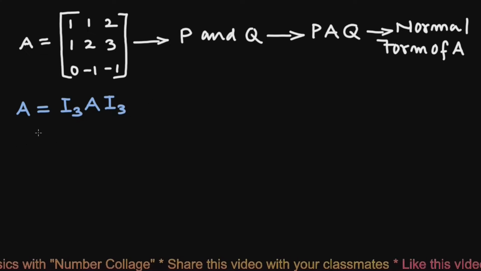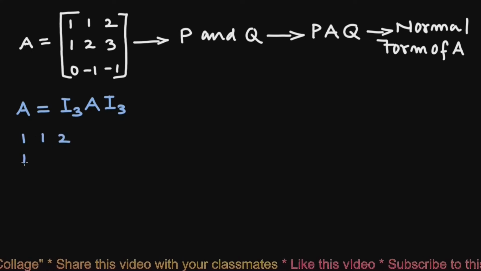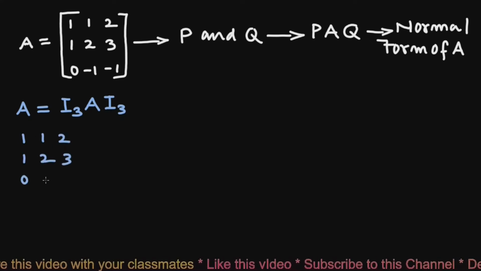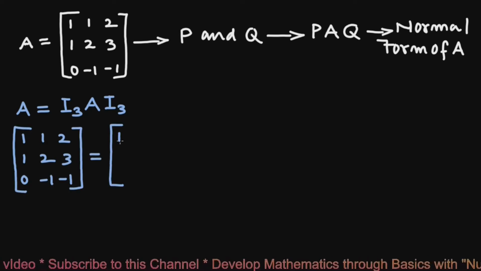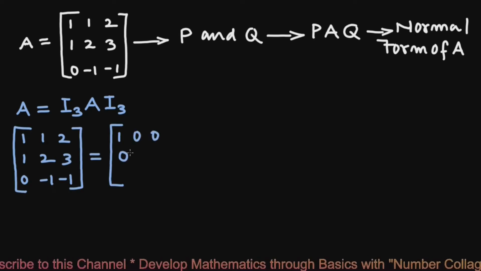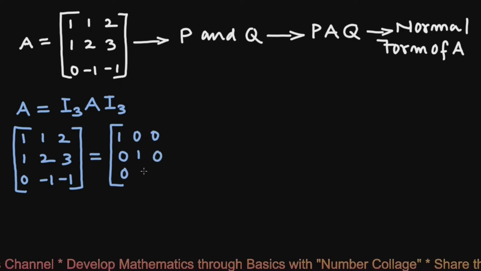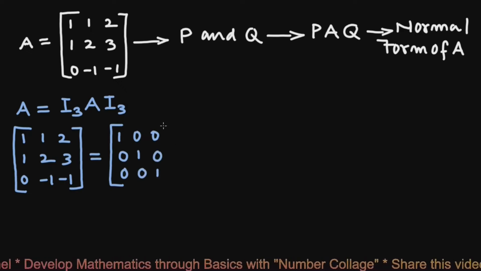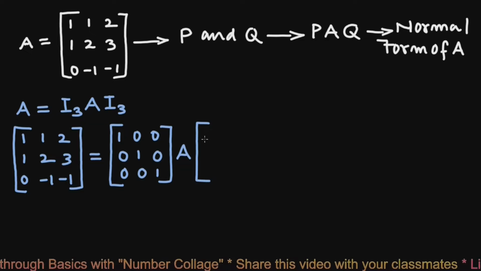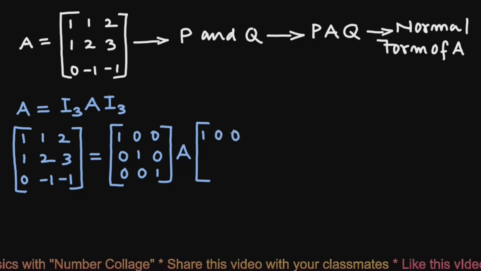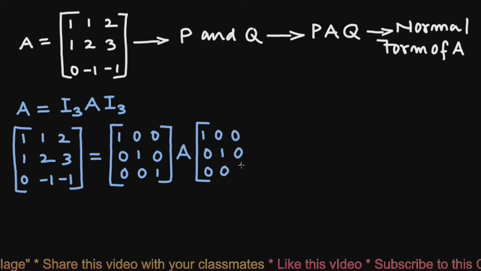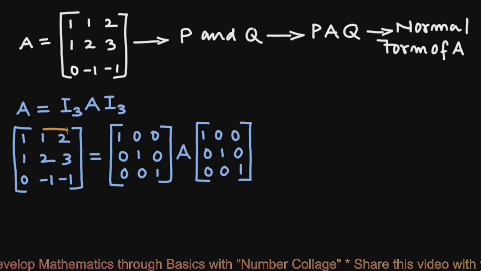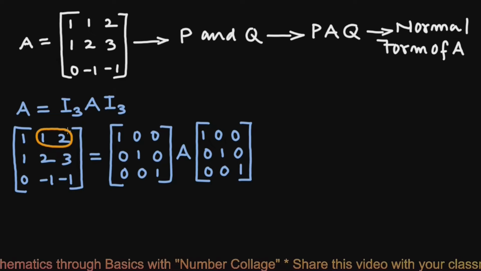So that will be [1 1 2; 1 2 3; 0 -1 -1] equals, I3 will be [1 0 0; 0 1 0; 0 0 1], then A, then the post factor [1 0 0; 0 1 0; 0 0 1]. We will make these two elements of the first row 0.